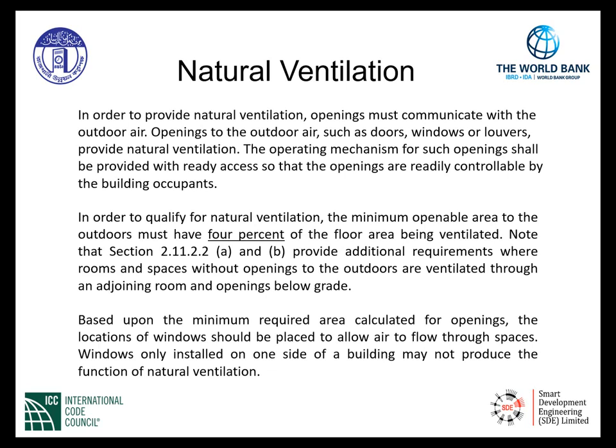In other words, we need cross ventilation to take in air possibly from one side of the building where we have pressure differentials, and provide some means to allow air to flow completely through the building from one side and out of the other side due to the pressure differentials.